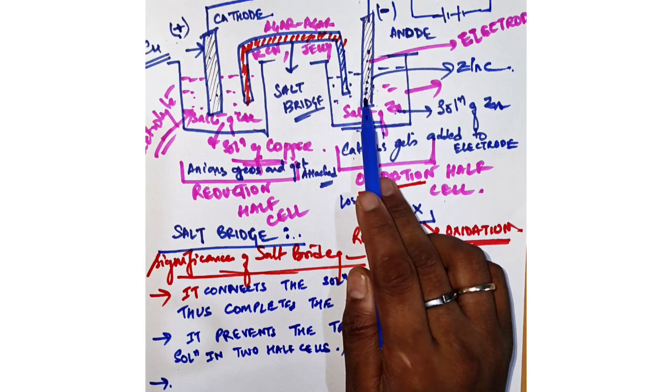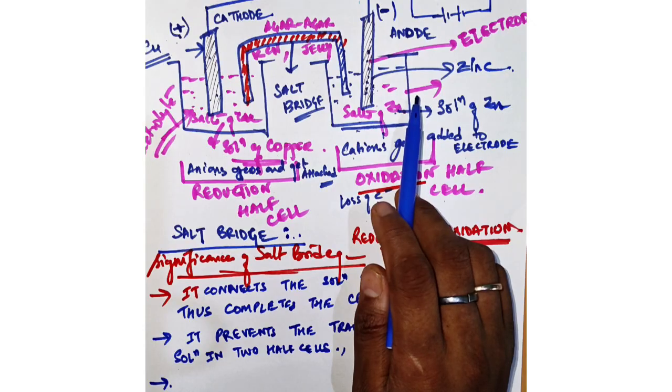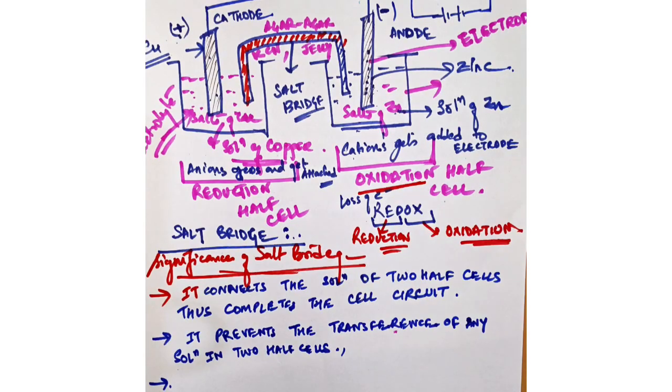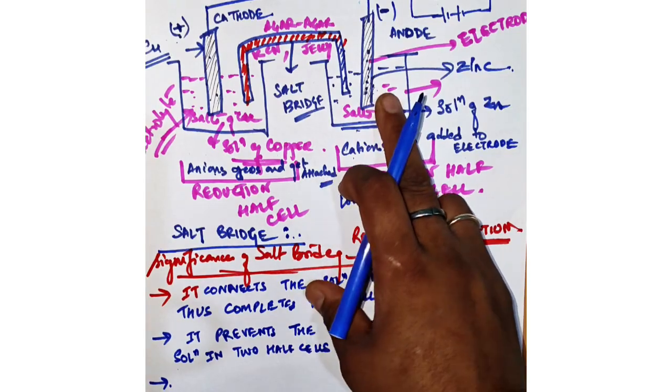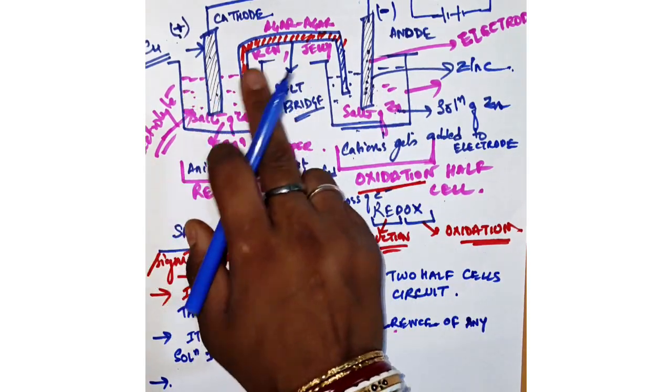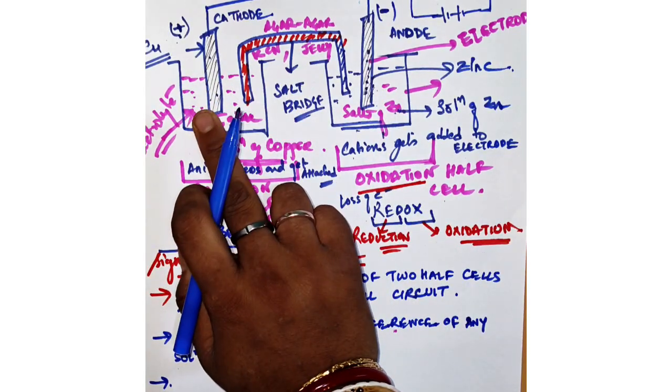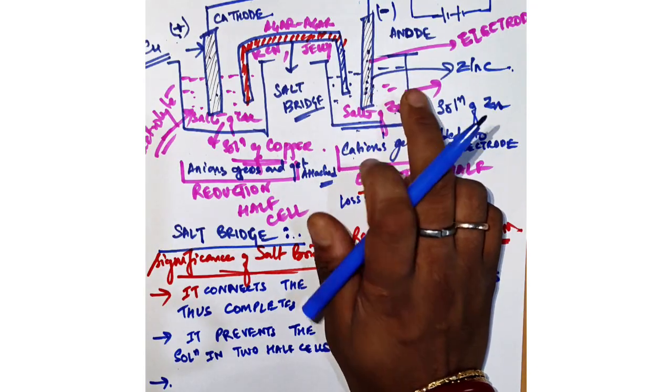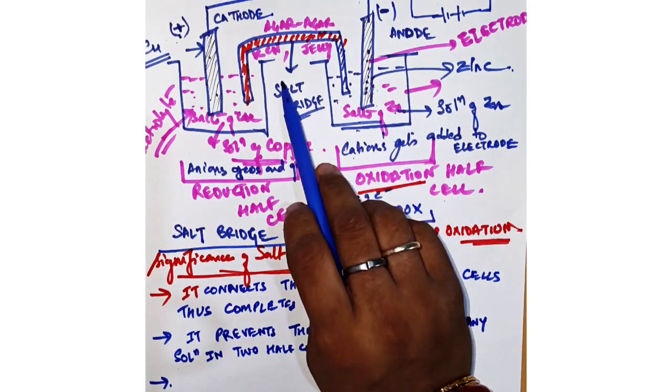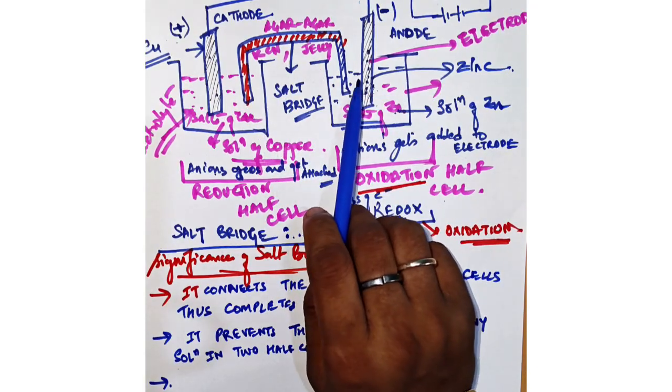So it provides negative ions to the anodic half cell, thus preventing the accumulation of extra positive charge. So if any extra positive charge is there, it will be neutralized by the negative ion, and if there is extra negative charge on the anode, then the positive ion from this salt will come and neutralize it.